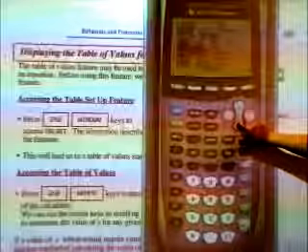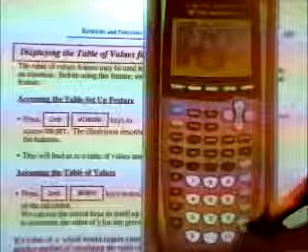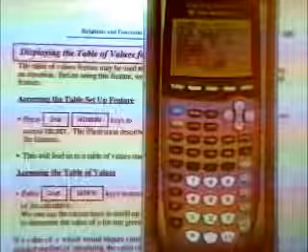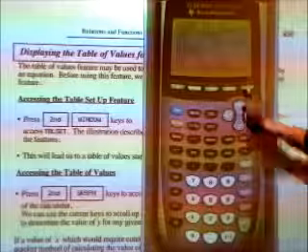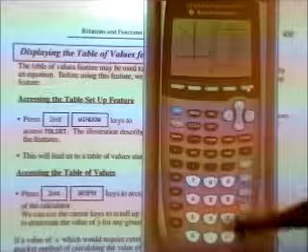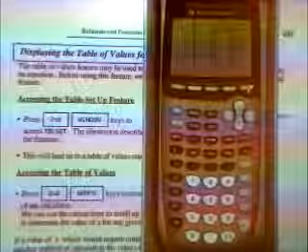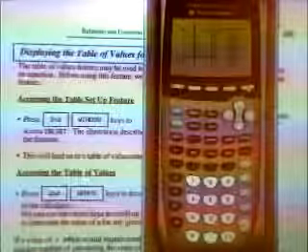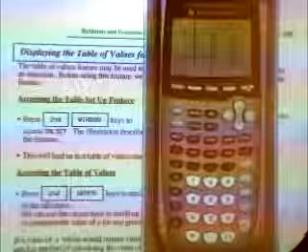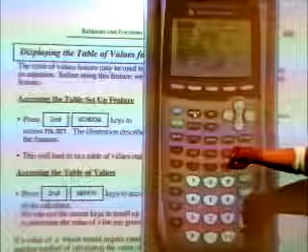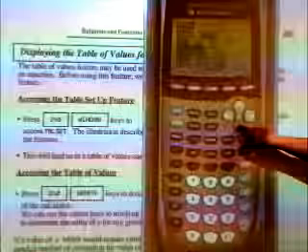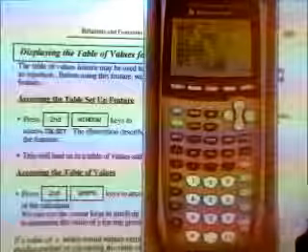So if I highlight it and press enter, and then press my graph button, I now see the graph and the table at the same time. But then I need to remember to go back to my mode and fix it if I want to see the full graphing screen.